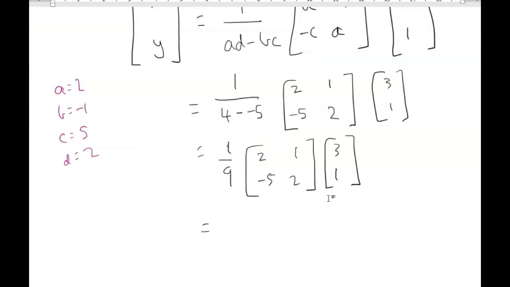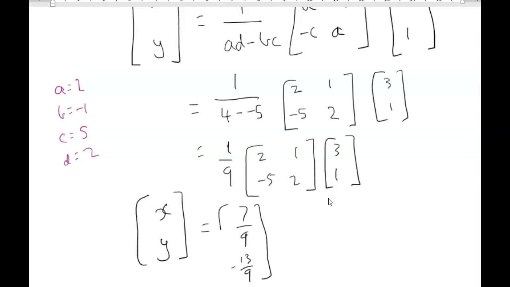So I'm just going to write that down. Okay, so remember we're solving for x and y. So that is equal to 7 over 9. And then in the next one, negative 13 over 9. So your solutions, we just read them. X is equal to 7/9 and y is equal to negative 13 over 9.